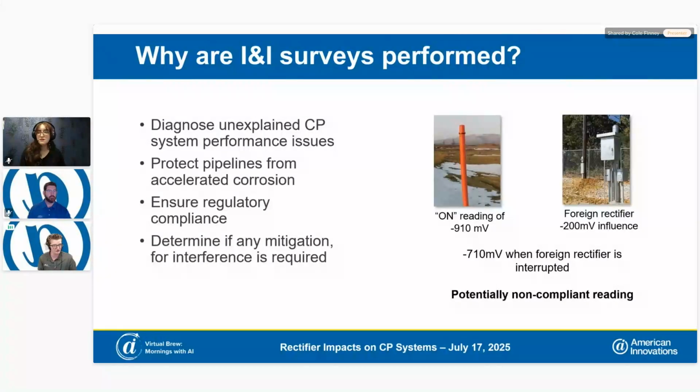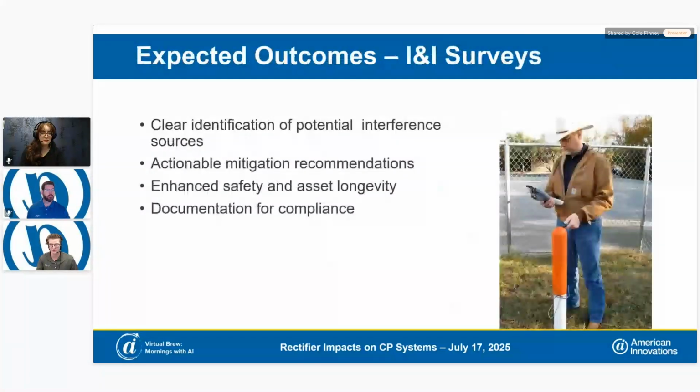So whenever that foreign operator interrupts their pipeline, my on reading is now actually negative 710 millivolts. So I'm actually not in compliance. I just happened to be in compliance when I looked at my asset. This is a very common thing that happens across the board, especially as we've done more and more research into understanding interference and how all these systems next to each other actually influence each other.